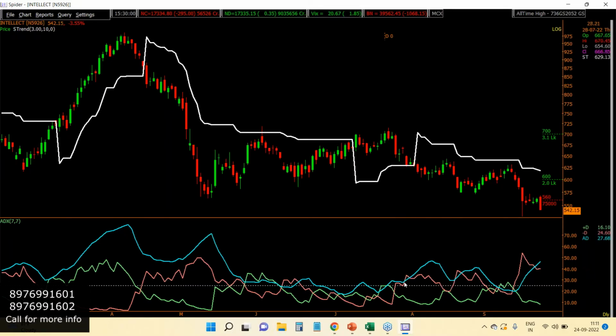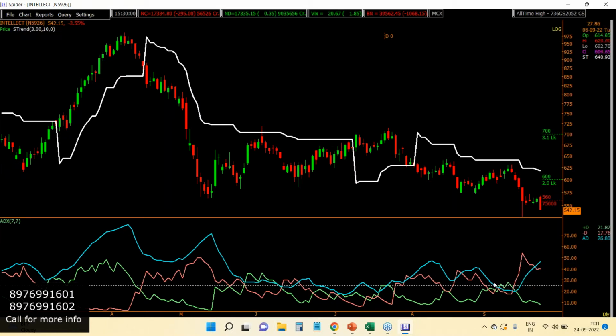Why? Because ADX has shown some strength at this particular point where minus DI was rising. As you can see, it's still in a downtrend. Why? Because the ADX is above 25 and minus DI is above positive DI, correct.